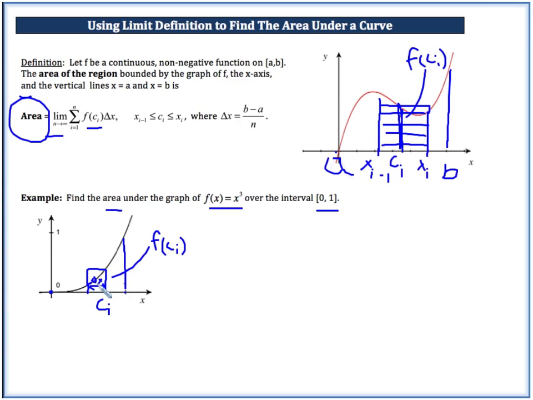Okay, so when we go to solve this problem, the first thing we need to do is find what delta x is. So delta x is going to equal 1 minus 0 over n. Which in this case turns out to be 1 over n.